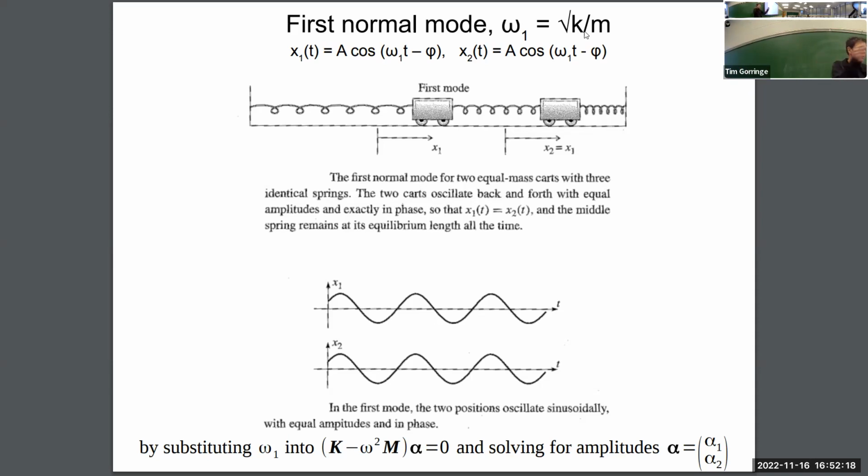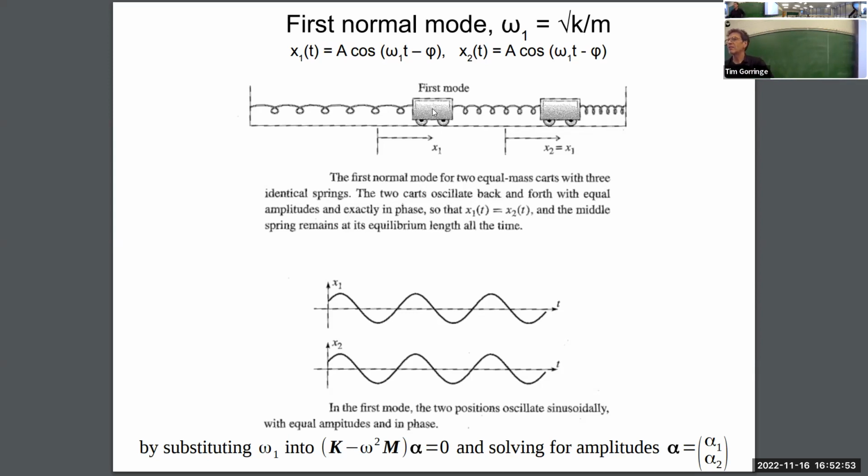So if we imagine we've got two masses, with a spring between them and springs on either side attached to walls, and I displace the two masses towards the left and then release them, they will just swing backwards and forwards in phase like this. And this will be at that characteristic frequency, the square root of the spring constant divided by the mass. That's pictured upstairs here.